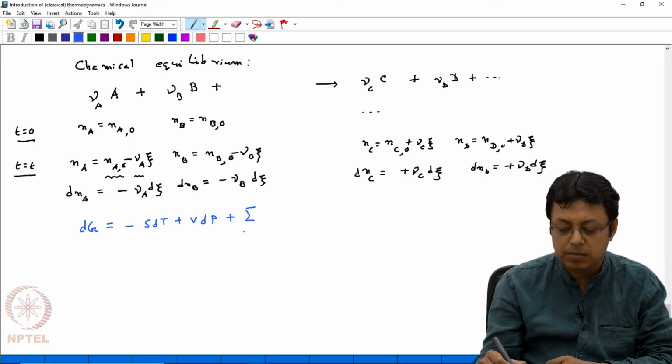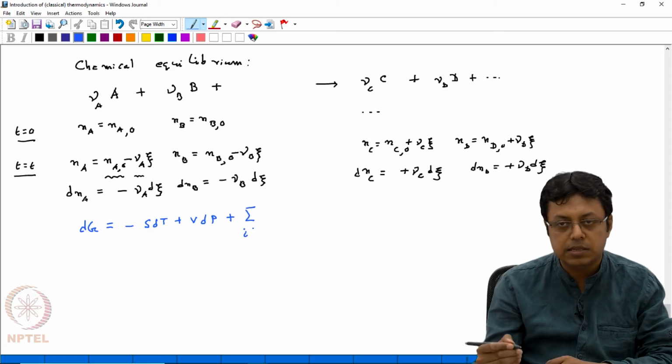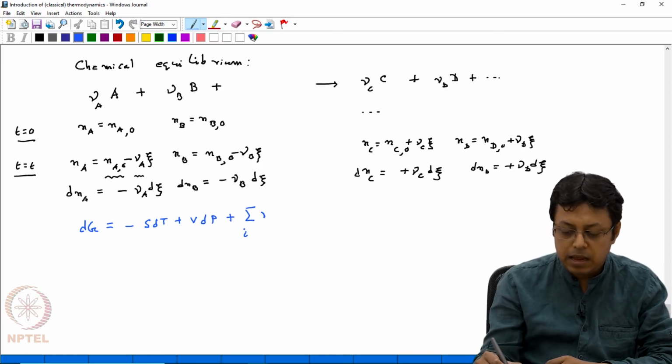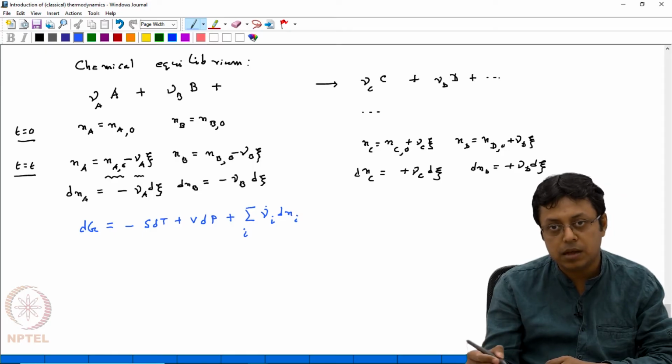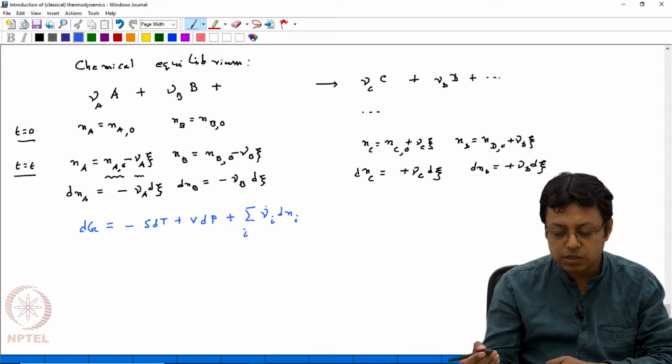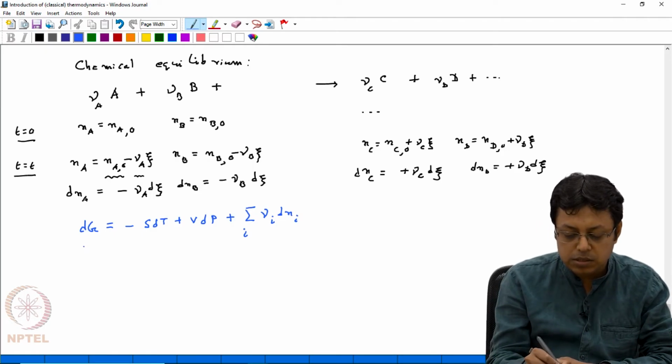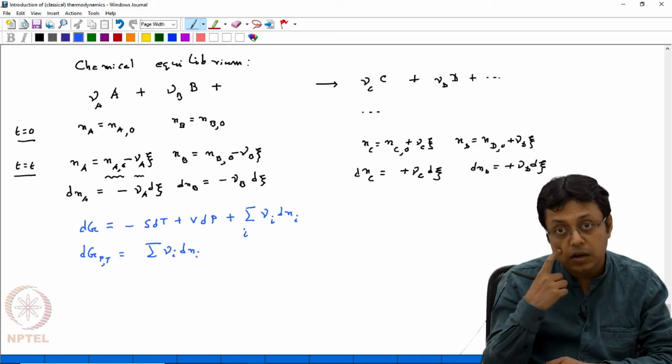Here the constituent I is basically A, B, C and D. Now the way I have written it, for A and B I have to include the negative sign in the stoichiometry. So at constant pressure and temperature, it is just the sum of mu I dNi, and we can now express it in terms of d xi.